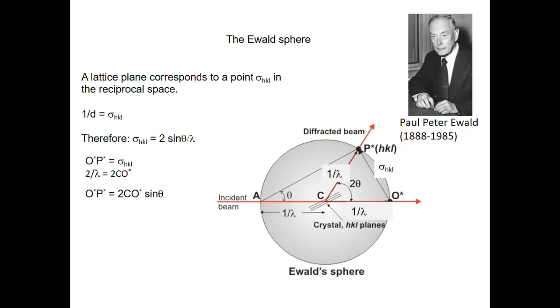All right, so that means now also that as we move our crystal, let's say we rotate our crystal around on our point and having an incident X-ray beam, we will also move around our reciprocal lattice around this point O. Okay, so we will either move the points in the reciprocal space into the Ewald sphere or out of the Ewald sphere, and at the point when that reciprocal point lies on the Ewald sphere, then we will actually be able to measure that point in reciprocal space, measure that reflection plane.